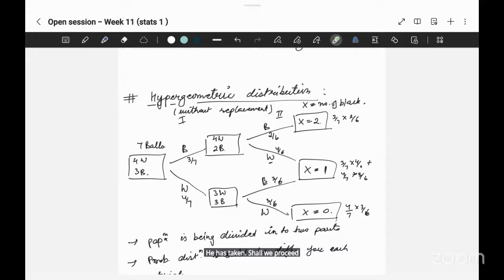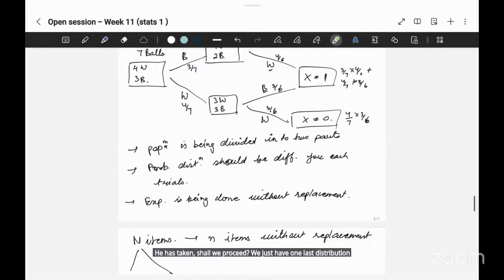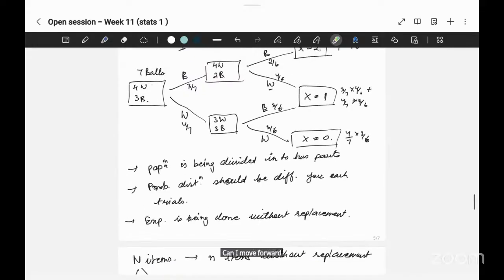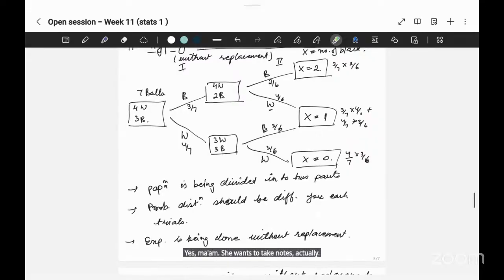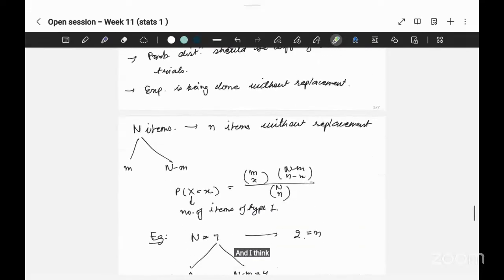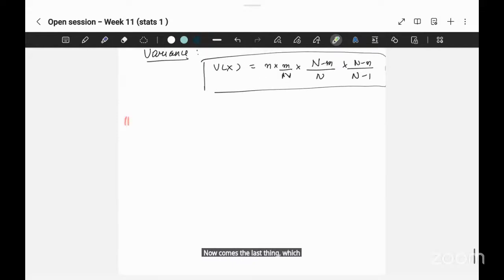Shall we proceed? We just have one last distribution. Can I move forward? Okay, now comes the last thing, which is the Poisson distribution.